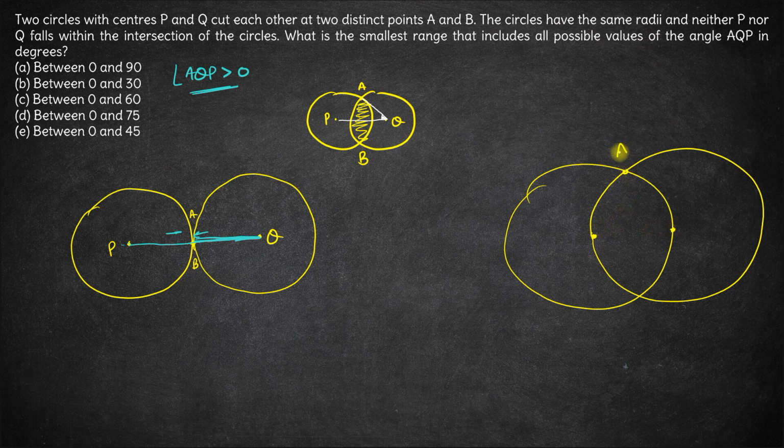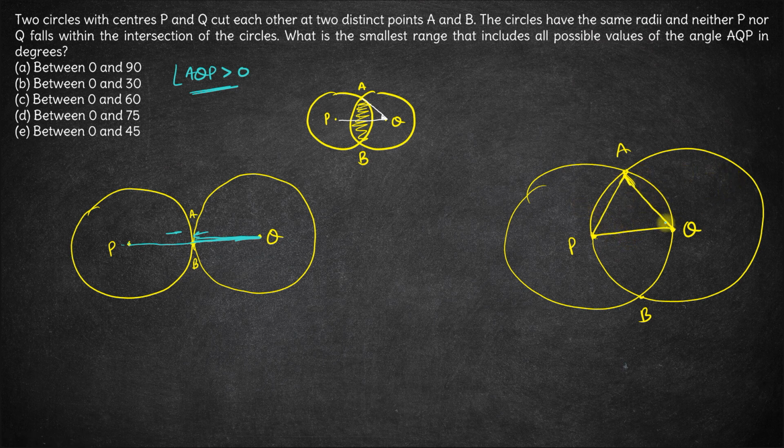So here you'll have A, here you'll have B, this is P, this is Q. This will not be the case, but this would be the extreme case. Obviously the distance between P and Q has to be more than this because P and Q cannot lie in the intersection region, but this is one extreme case.